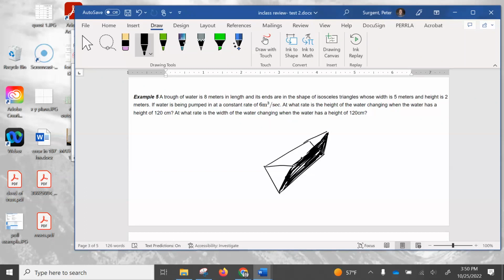So the area of this thing, that's 2 dimensions, times the length of it, and that'll give you your volume. That's all volume is. So that's one of them. Remember, you need the area of a triangle, 1/2 base times the height.